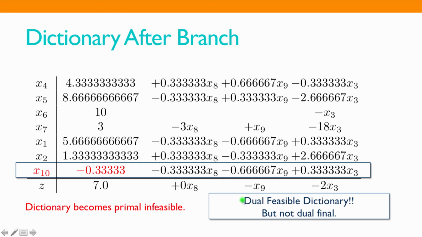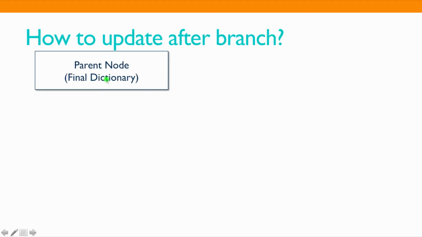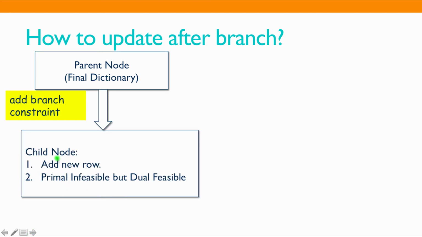So therefore, we can avoid the initialization phase if we remember our lessons learned from the complement dual dictionary, which is we can start with the final dictionary of the parent node. We add the branch constraint. So far we have seen this. We get to a child node and we add a new row, which we will talk about how to avoid adding. But the resulting dictionary we have seen is primal infeasible but dual feasible.